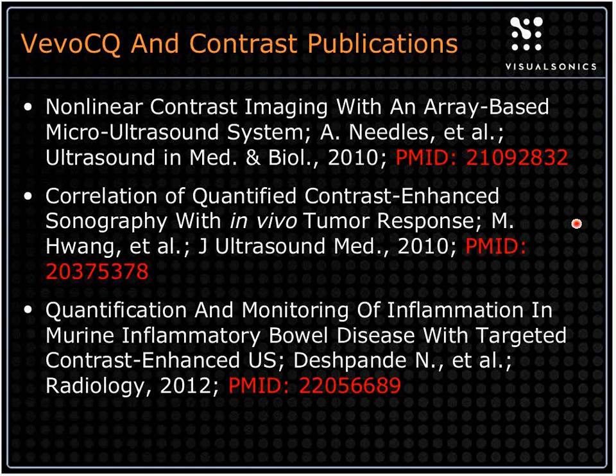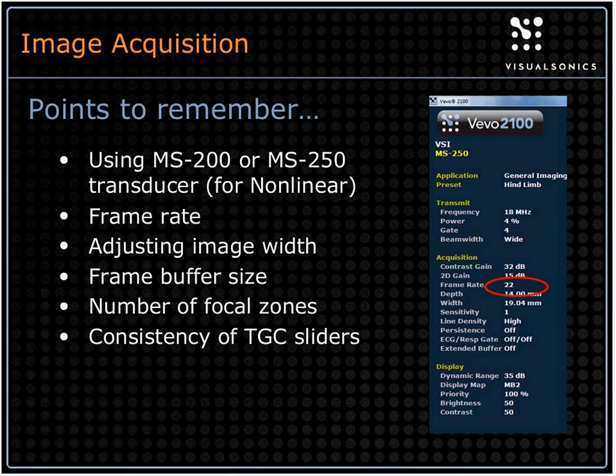You can search for terms like contrast plus kidney or tumor or cancer, mix the terms together and look for different areas that you might be interested in. So for anybody who has a system or is thinking about getting the system, I really recommend having a look at that on the customer portion of our website. It's a great resource to really see the types of work out there being done with the systems.